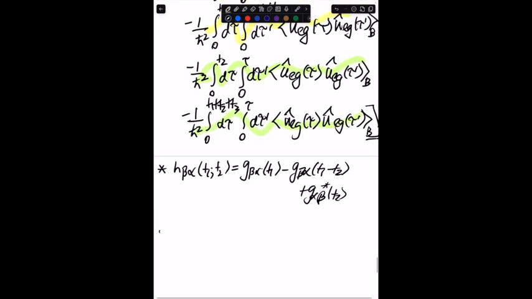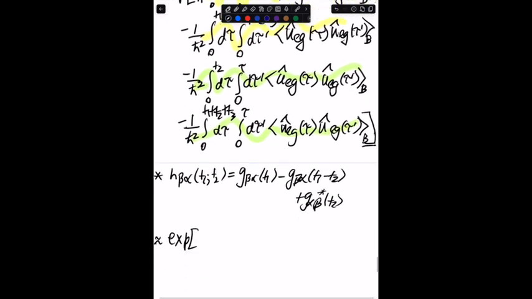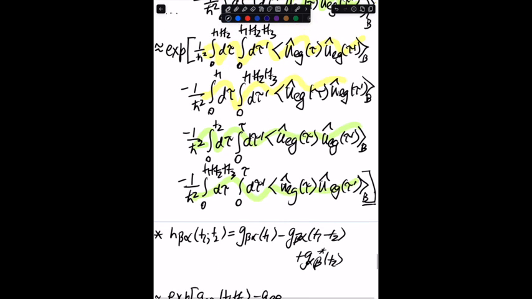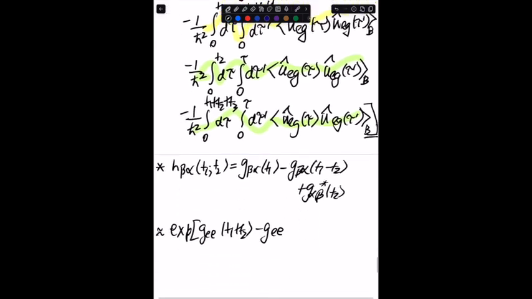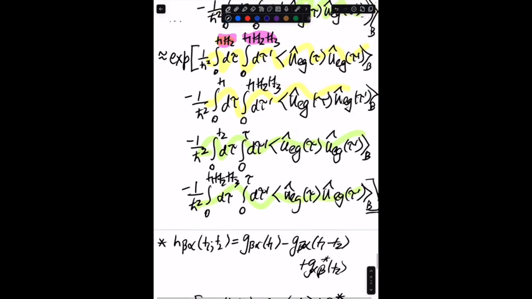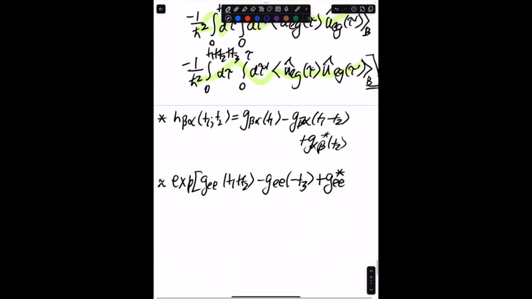So we write the first integral that way, exponential, which is just g t1 plus t2 minus g this first argument minus the second argument. So t1 plus t2 minus t1 minus t2 minus t3, which will give you gee minus t3, correct? Plus gee star, the t2 argument is t1 plus t2 plus t3.